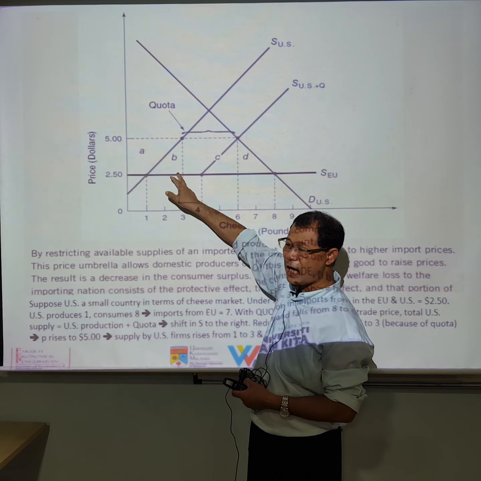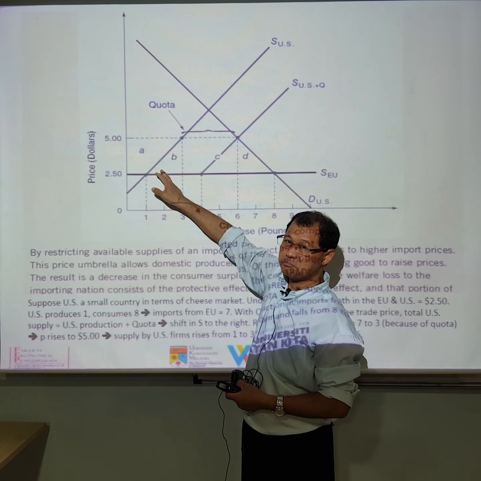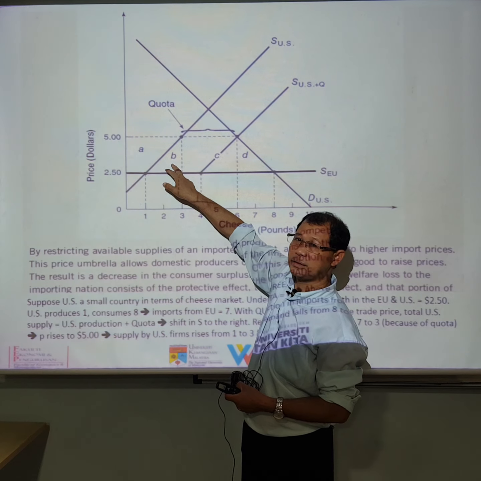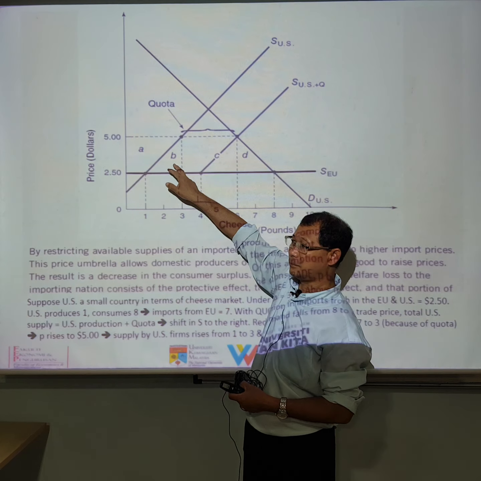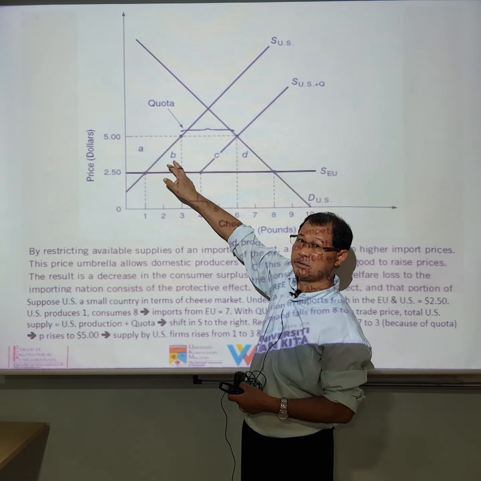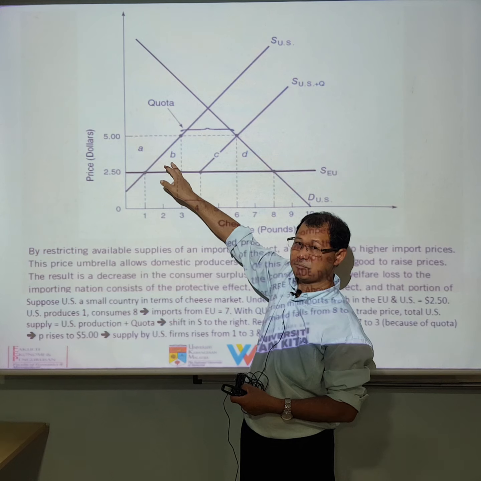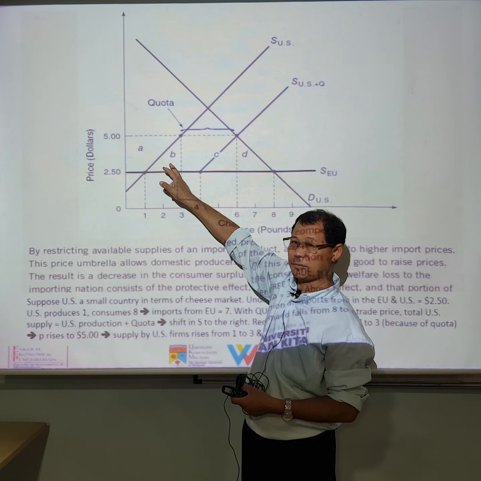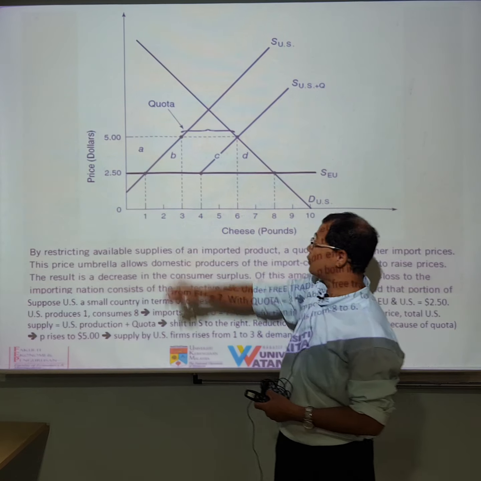So this is inefficient production. B is a deadweight loss because of inefficient production. Increased but inefficient.